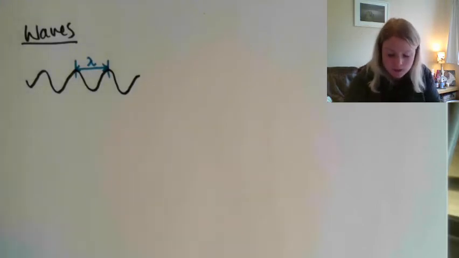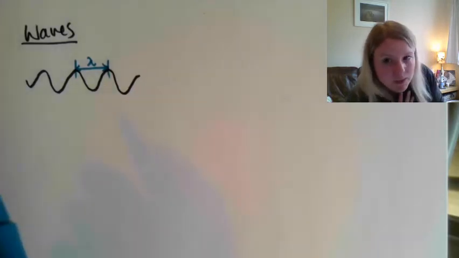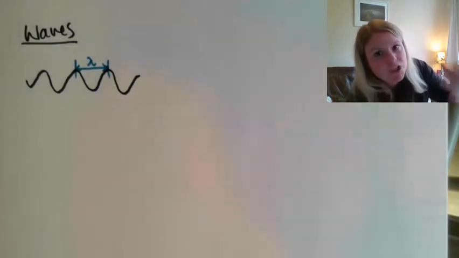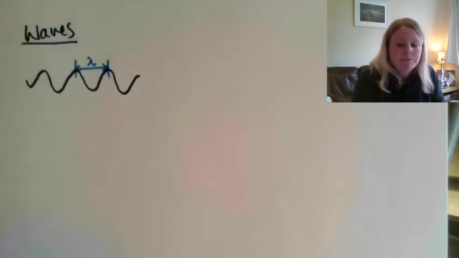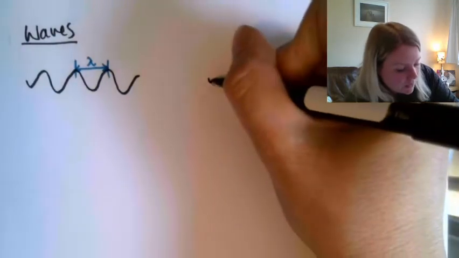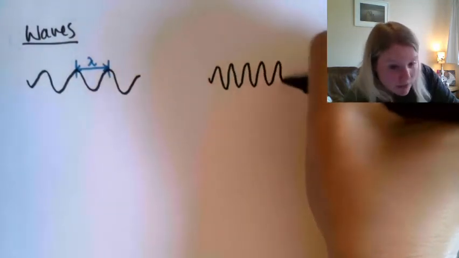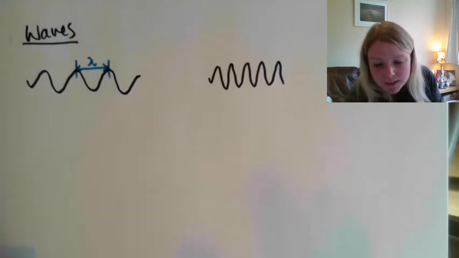If we're thinking about sound waves first of all, if we had a sound wave that was a much higher pitch, then the wavelength is much shorter. If you have a sound that is really high pitched, then that means there's way more waves being produced every second. It's a higher frequency is how we would properly say that.